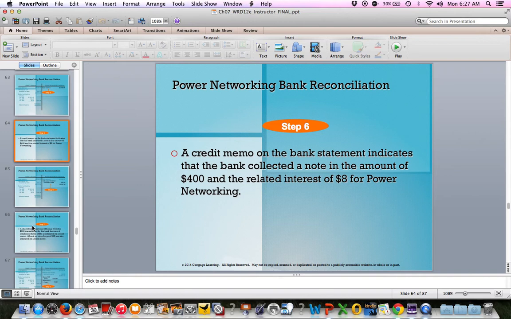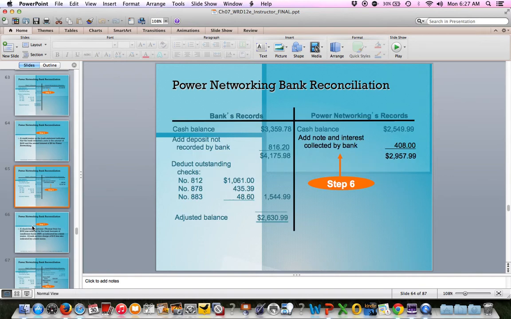We could have given them that information to send payment to the bank, which just means that money gets in our bank account faster. So it's not a bad reason to do that. And that included $400 relating to principal and $8 worth of interest. And so because the bank collected cash for me, I'm going to add that to my cash balance: $408.